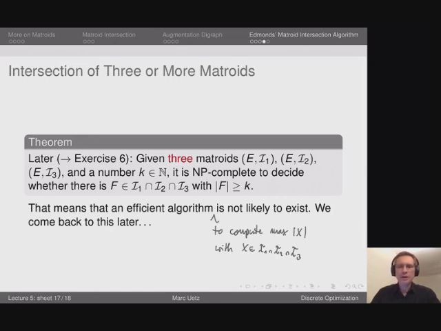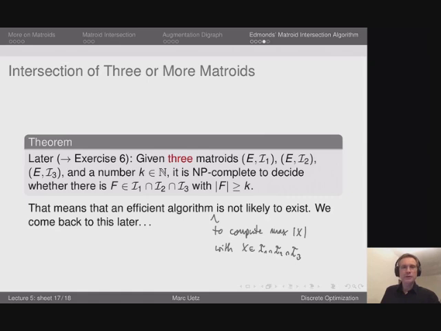But as soon as I add even more complication and I intersect 3 matroids with each other, in general, that can be a hard problem. It doesn't have to be, but it can be a hard problem. Something like that cannot happen if I only intersect 2 matroids with each other. That is interesting, and maybe one of the final messages of this lecture.